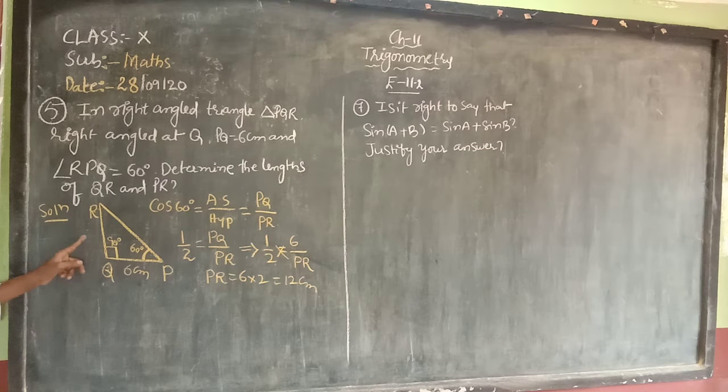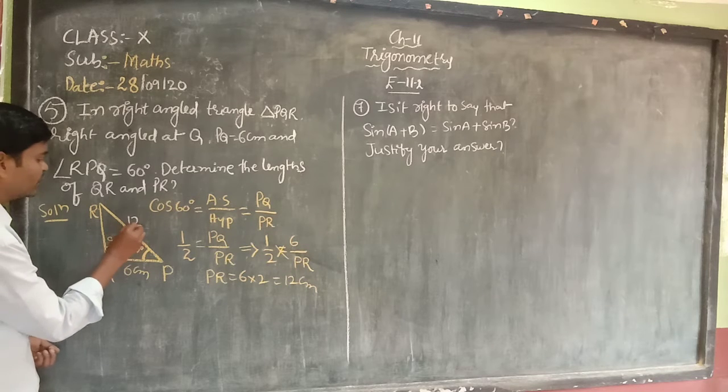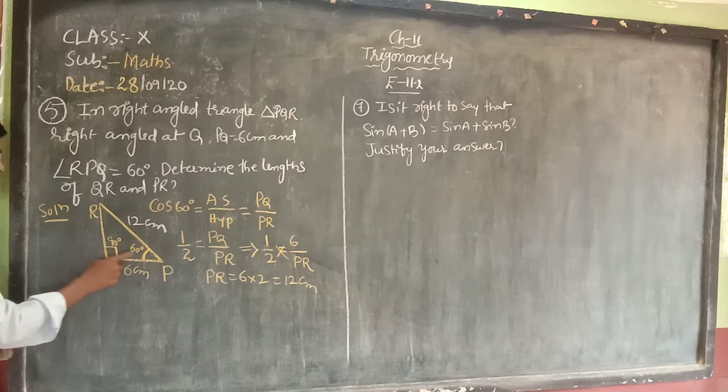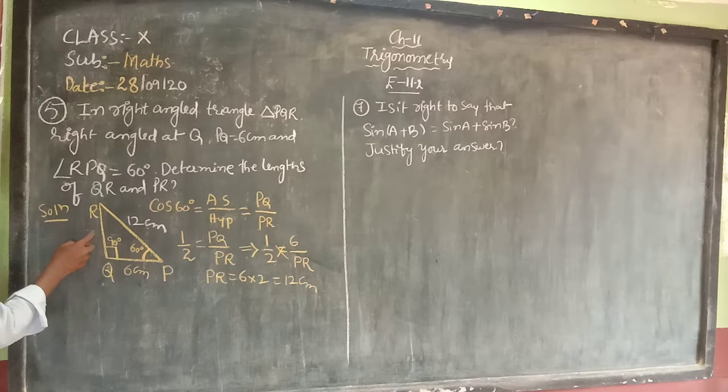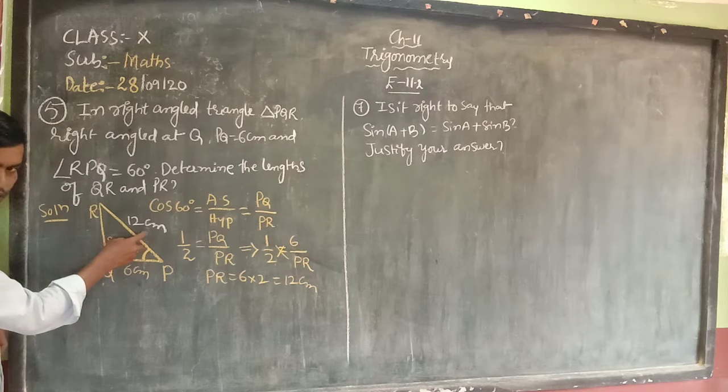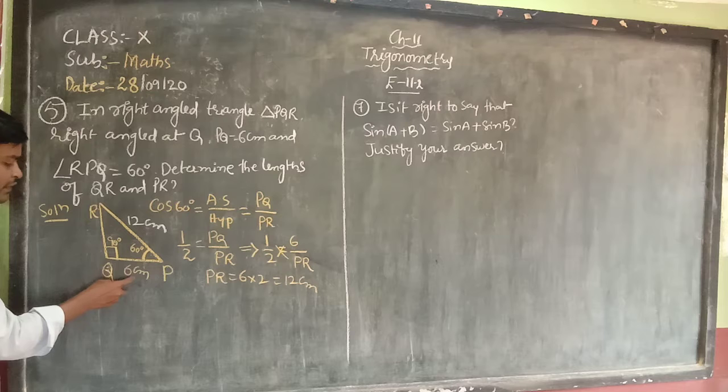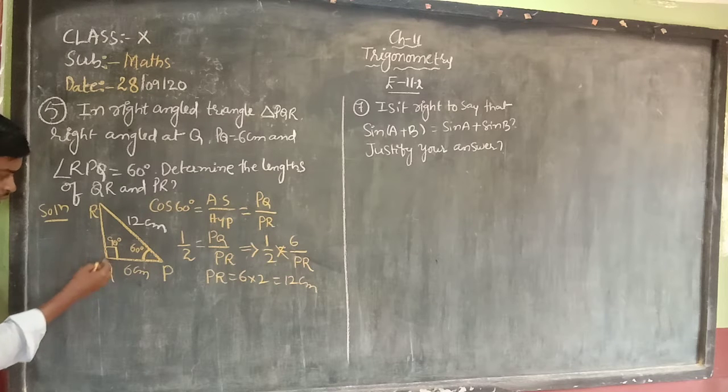Now we have to find QR. For finding QR, we got this as 12 centimeters. Two sides we know. For the third side, we can use Pythagoras theorem. Or else, what is the relation between opposite side to hypotenuse? Or else the relation between adjacent side to the opposite side? Anyone we can take.